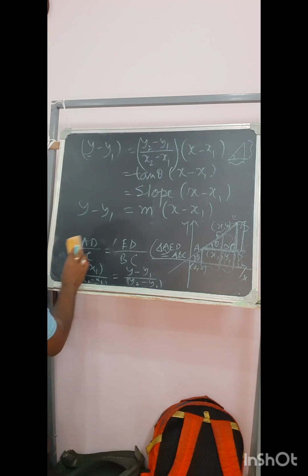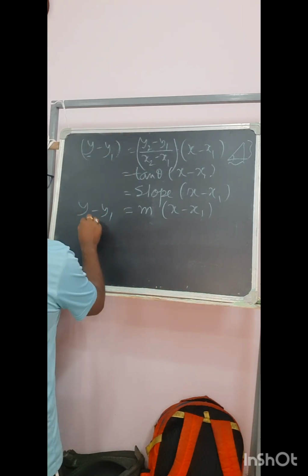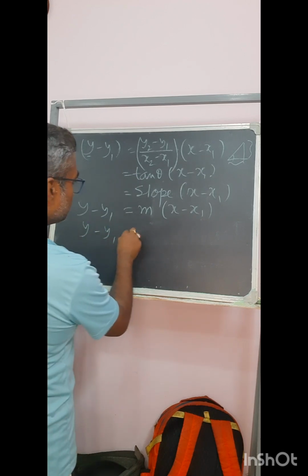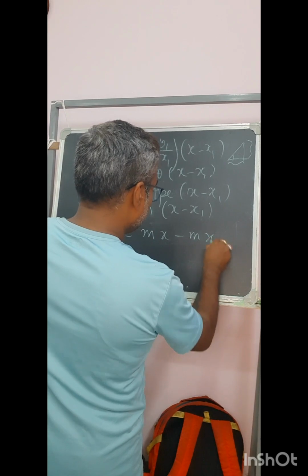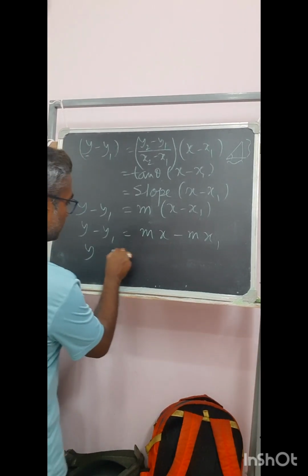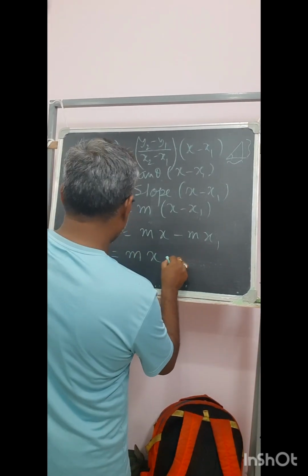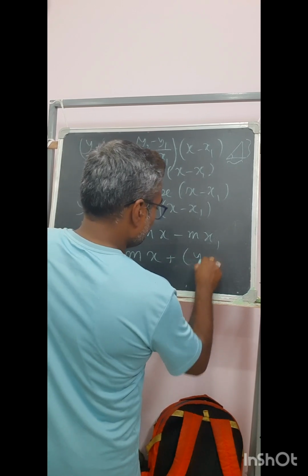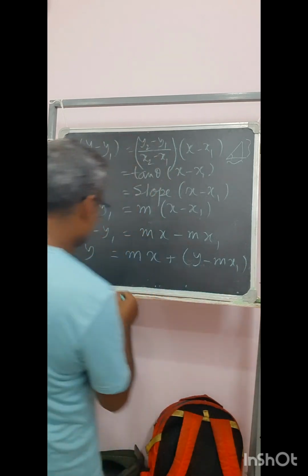So if I further want to represent this equation, if I want to break it further, mx minus mx1. So y is equal. So the equation can be further simplified as, keeping the variable on one side, I'll keep y minus mx1 in bracket.